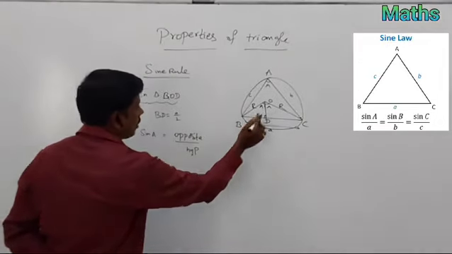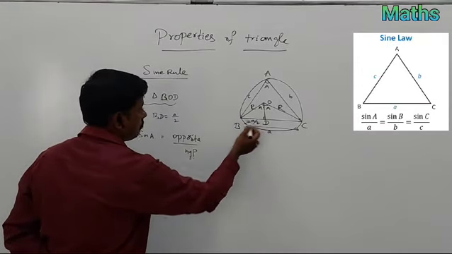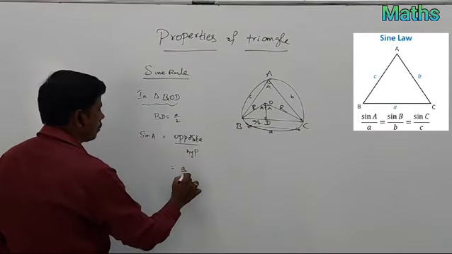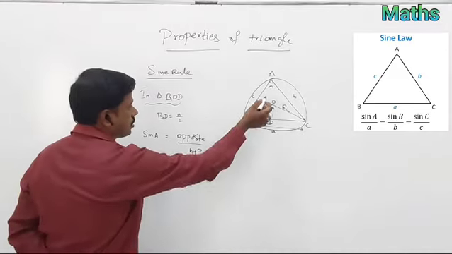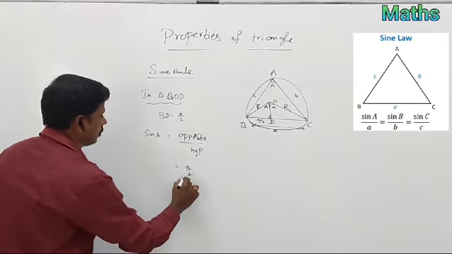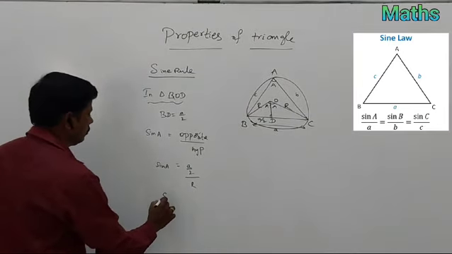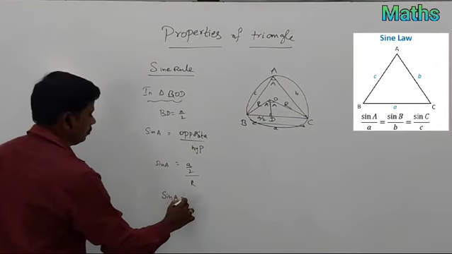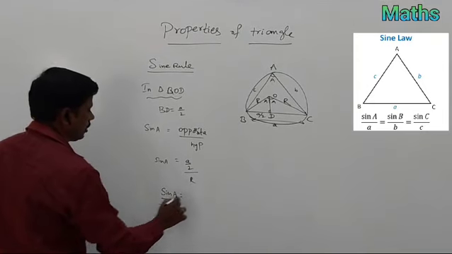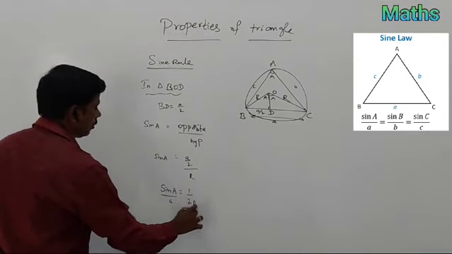So here, what is the side opposite? Small a by 2. And what is the hypotenuse here? Capital R. So sine A equals a by 2R, that is, sine A by small a equals 1 by 2R.